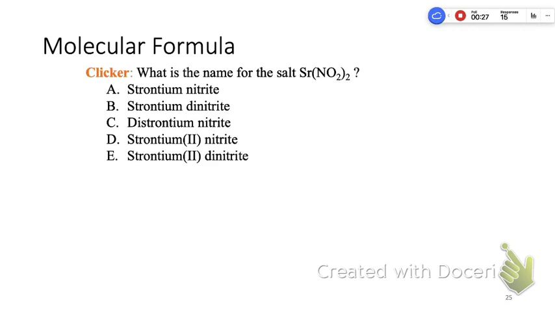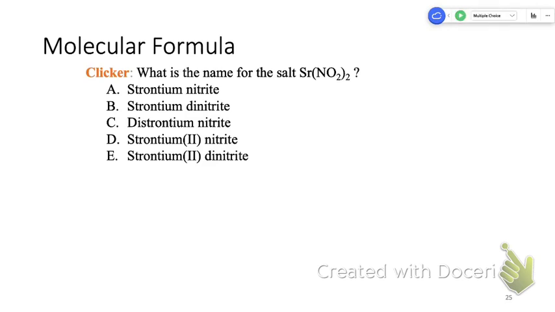Only use the trends for the metals, please. All right, we're going to do this one relatively quickly. Ten more seconds to click in an answer. And closing out.